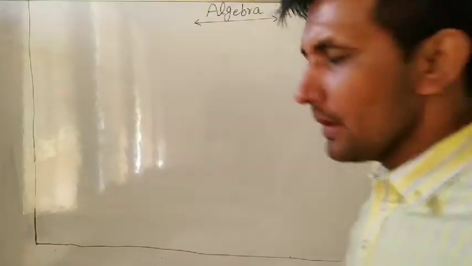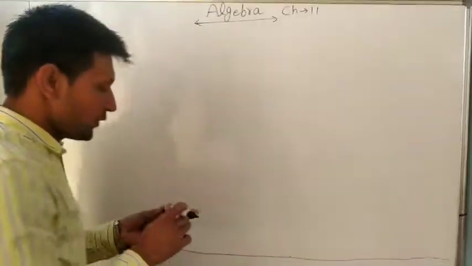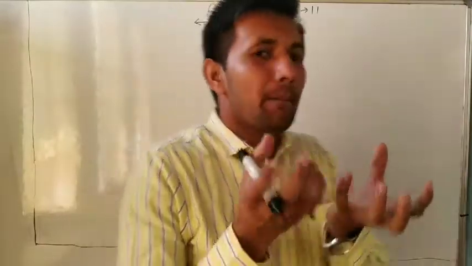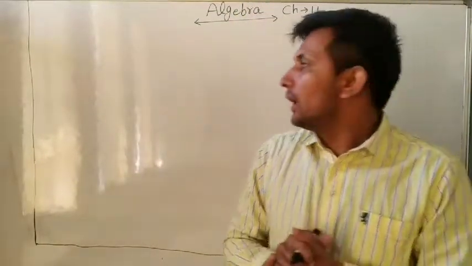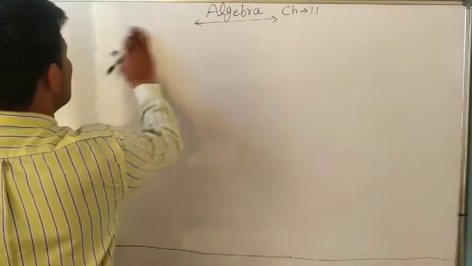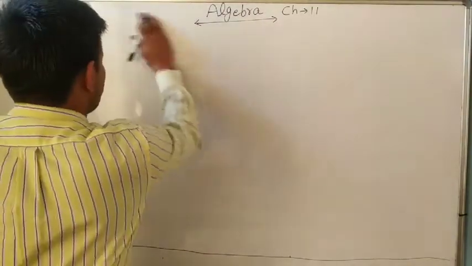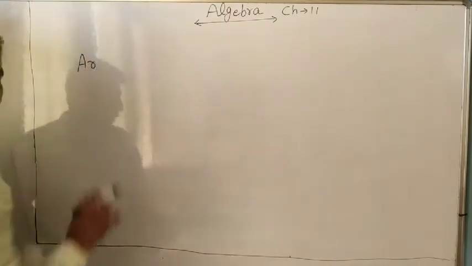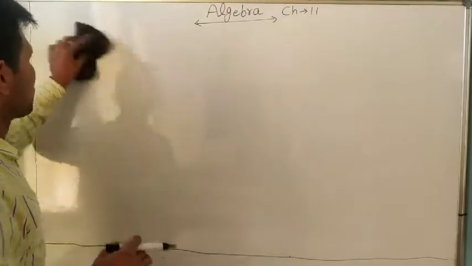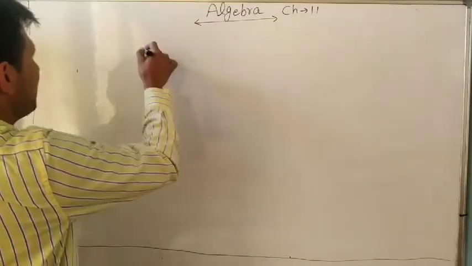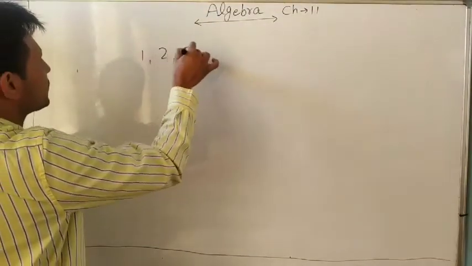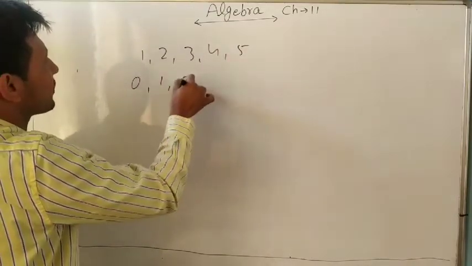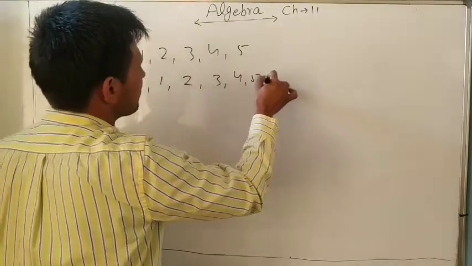First, tell me, mathematics is a combination of many branches. First, everyone knows we already learned about numbers. What is about numbers? Numbers means natural numbers 1, 2, 3, 4, 5, and whole numbers, if we add 0 to natural numbers, and so on.